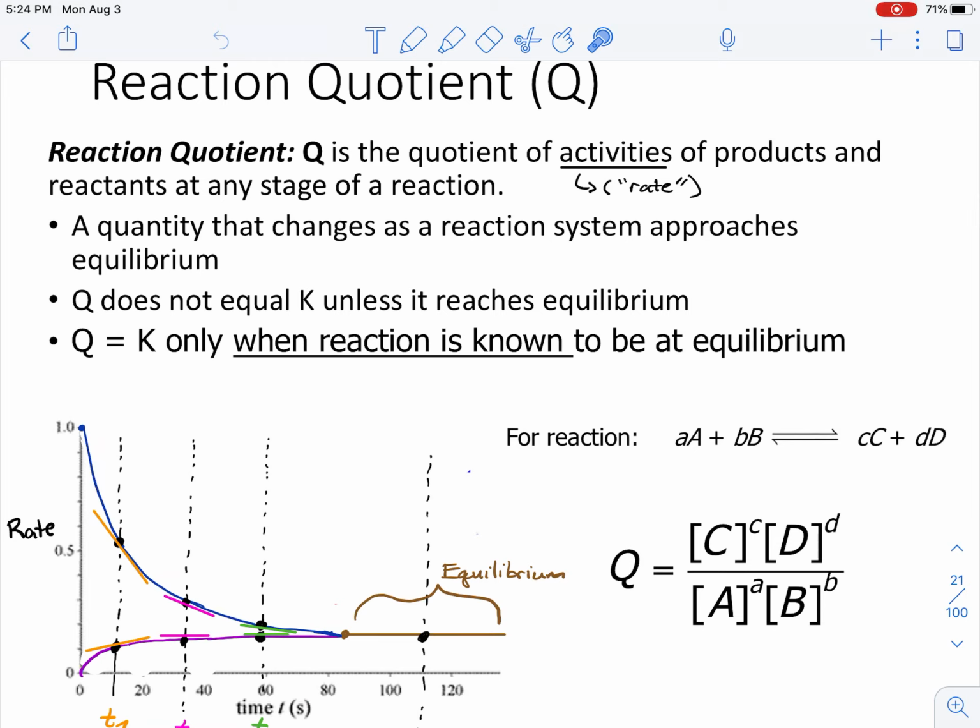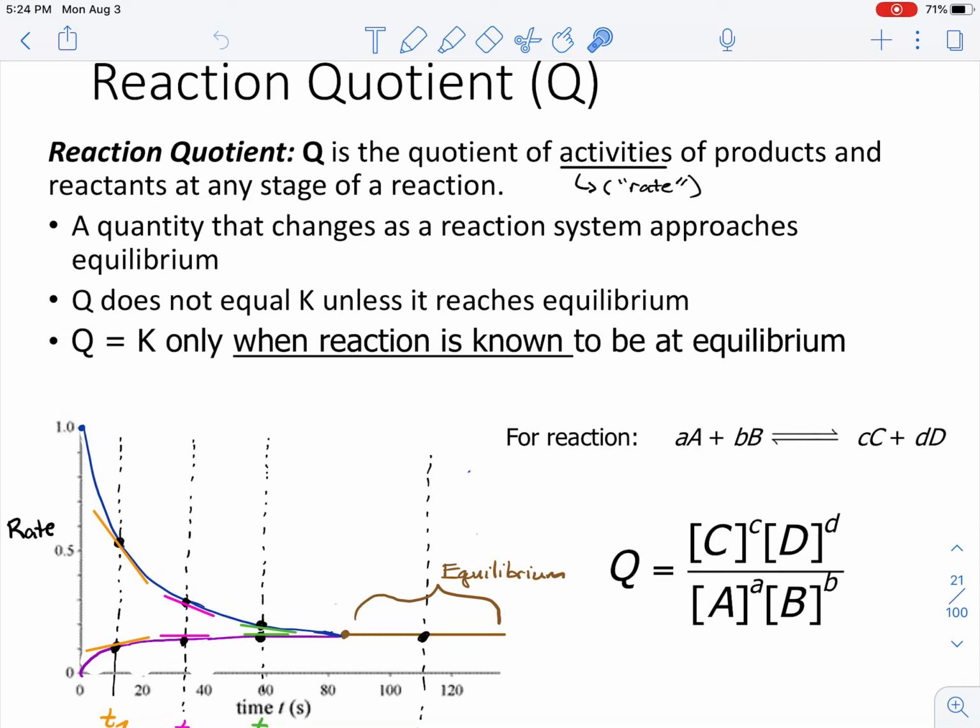And so the reaction quotient Q is a value that represents the quotient, or the ratio, of the activities of the product to the activities of the reactant at any time period during the course of the chemical reaction. And so what do I mean by activities?